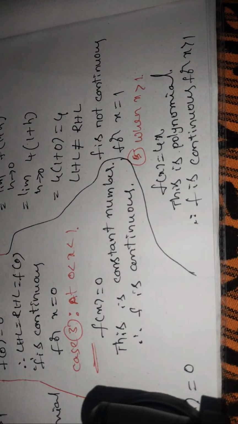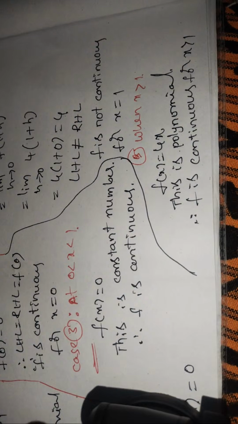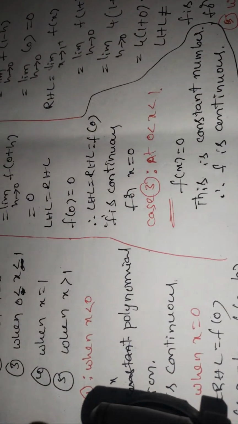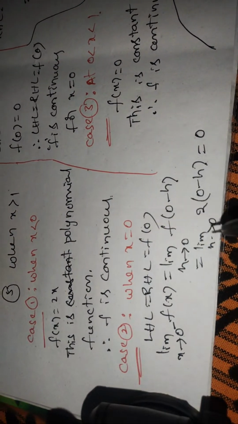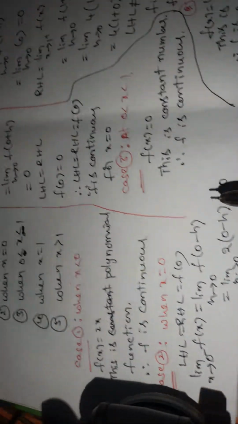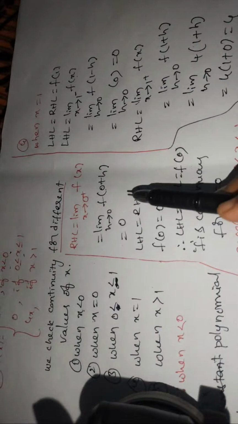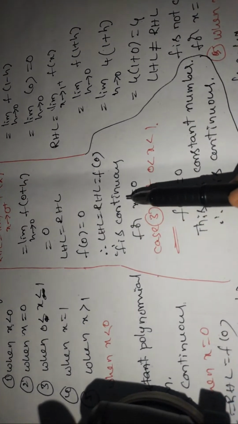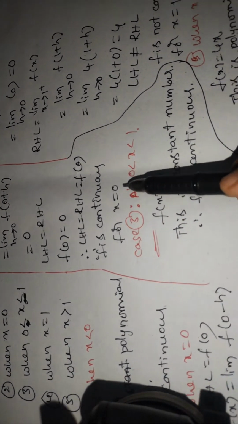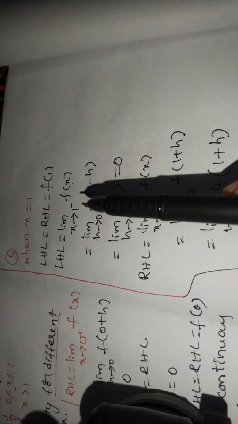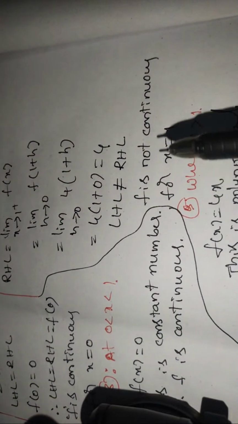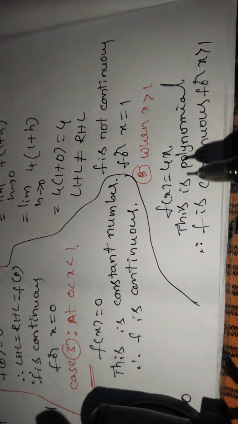Now, we will give the final conclusion. If you observe, case 1 is continuous. Case 2 is also continuous. Case 3, continuous. Case 4 is not continuous. And case 5, continuous.